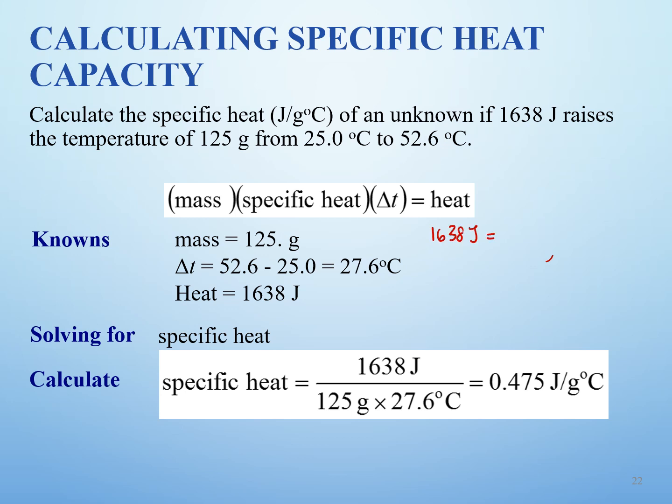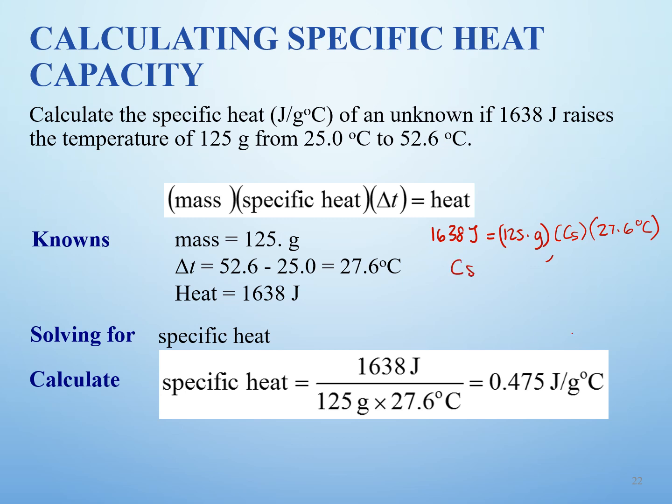That equals M, which is 125 grams. And then we don't know what the Cs is. And my delta T, we calculated is 27.6 Celsius. Okay, so you see how you have a Cs left over there? So the Cs is on one side here. So to get the answer, we'd have to divide both sides by 125 and 27.6.